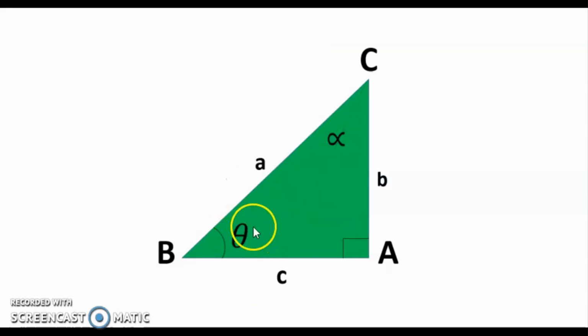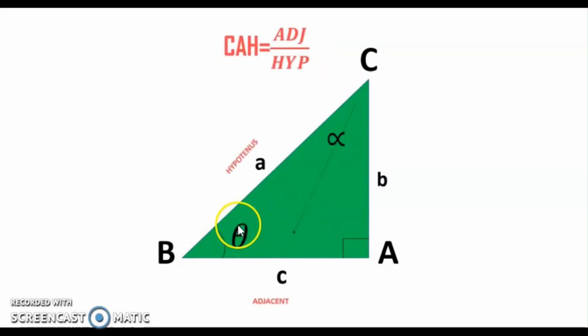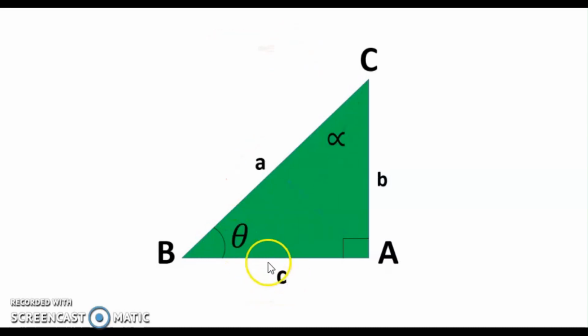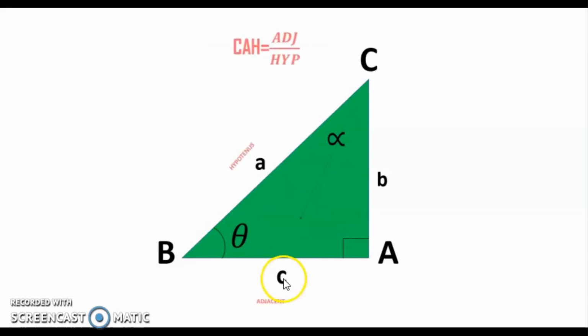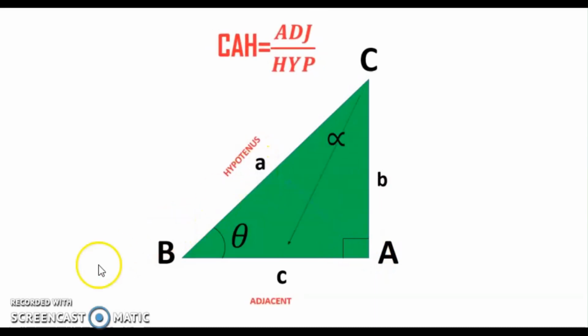So if theta is the angle under consideration, our adjacent will be the side close or closest to the angle, which is small letter C. This is our adjacent. Then our hypotenuse is the side facing the right angle, which is small letter A. So let us substitute.